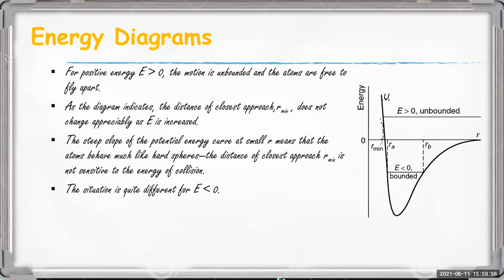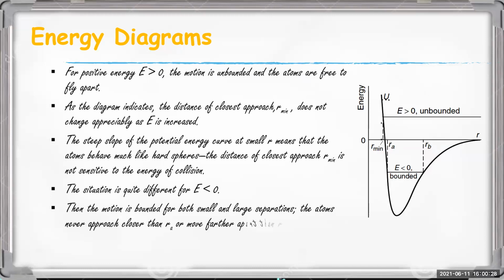Look at the graph. When E is less than 0, the motion is bounded. Here the potential energy curve is moving downward. Then the motion is bounded for both small and large separations.